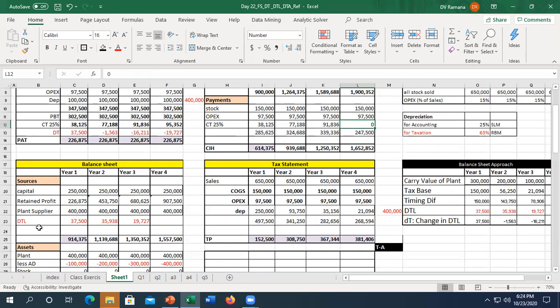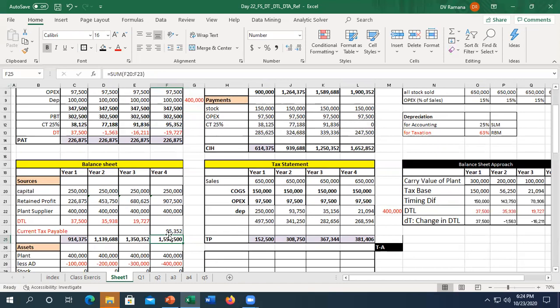If we don't pay the current tax, then we show the current tax payable as a liability. Sorry for that. So the liability will be expense minus the payment.